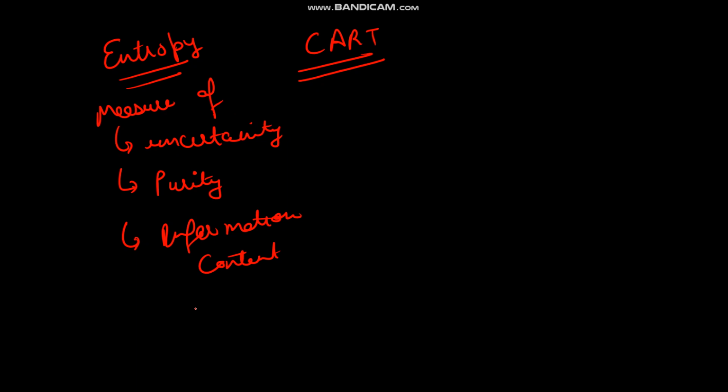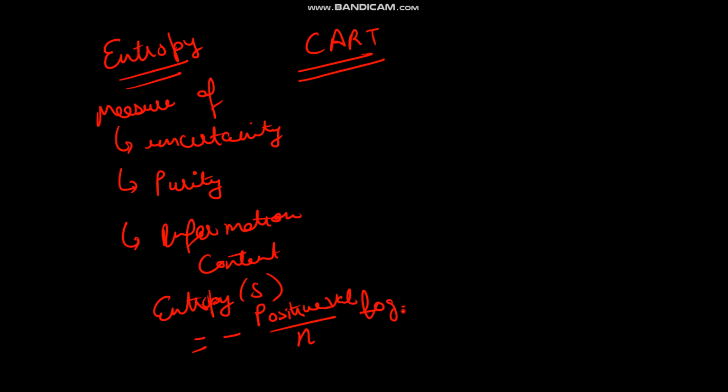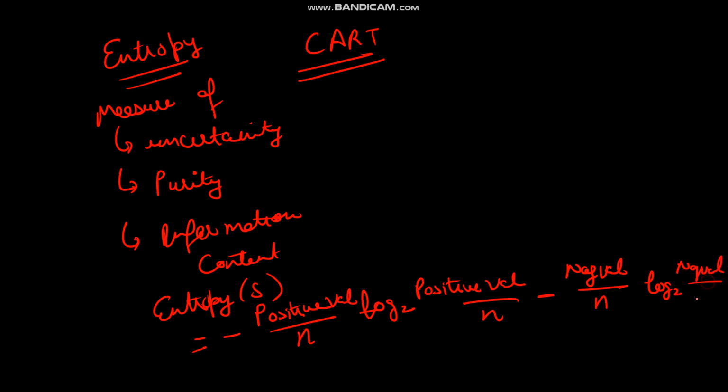So let's have a look at the formula for entropy. Suppose we want to calculate the entropy of S. We will use the formula: minus positive values divided by total number of elements, into log 2 of positive values divided by n, minus, now we take the negative values, negative values divided by total values, log 2 of negative values divided by n.